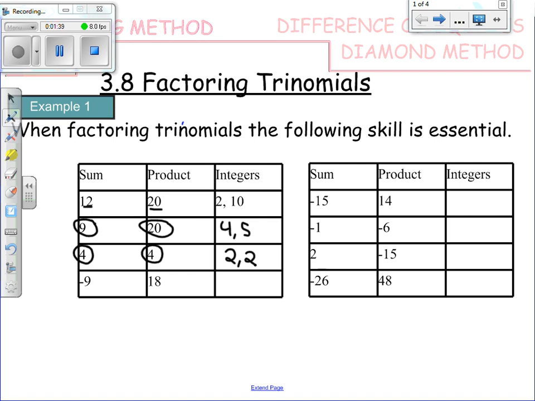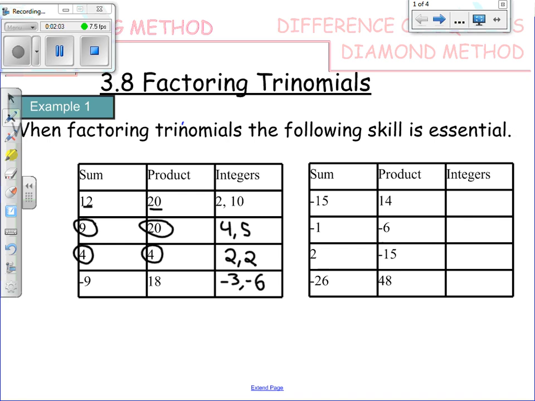Because negative 3 minus 6 is negative 9, and the negatives cancel each other in multiplication to give you positive 18. So negative 3, negative 6. Factoring trinomials relies solely on being able to do this.